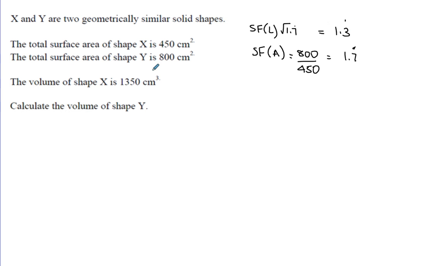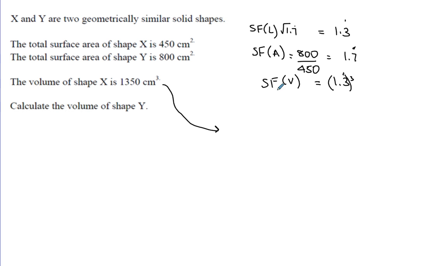Okay, the volume of shape X, which is the smaller shape, is 1,350. So we know we've got to find the scale factor of the volume, which will be 1.3 recurring cubed. I'll just put that in brackets.